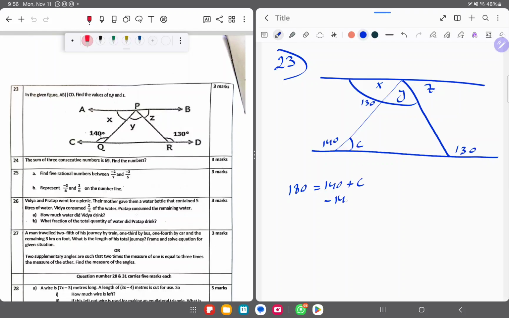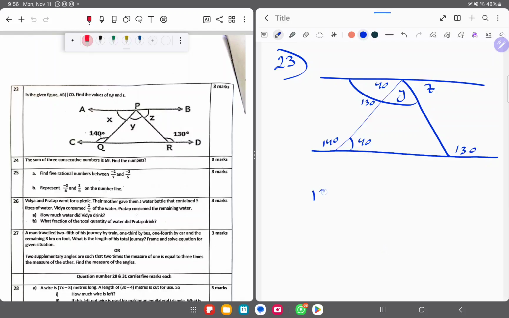So minus 140, minus 140. 40 is equal to 0 plus c. Don't add the 0. C is equal to 40. So since this one is 40, x is 40.